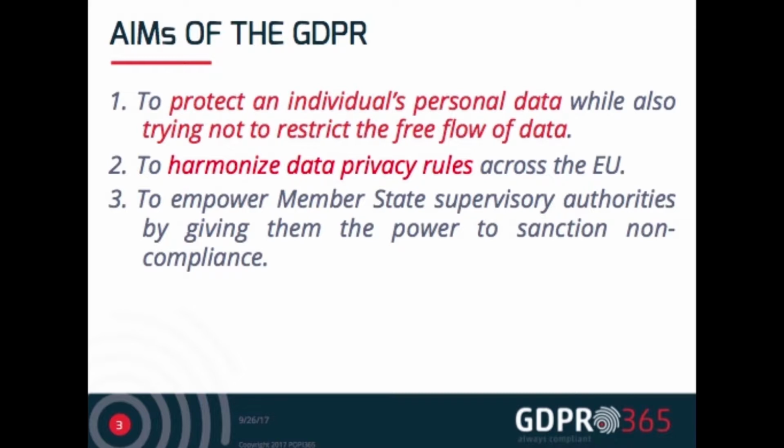So protecting individuals' rights in relation to their personal data without impacting businesses. It sought to harmonize data privacy and data protection rules across the European Union. As I indicated before, with a directive, each member state had implemented its own variations.